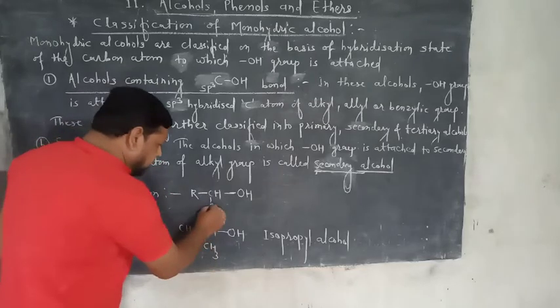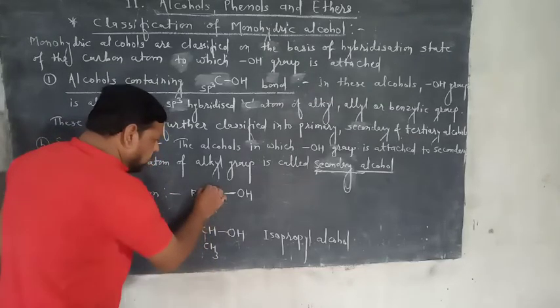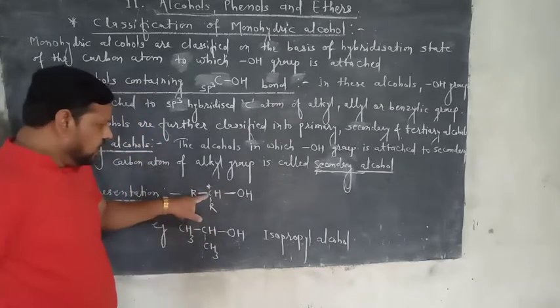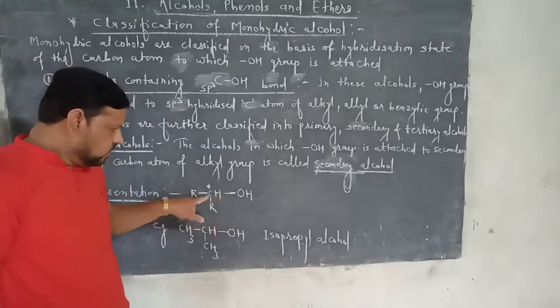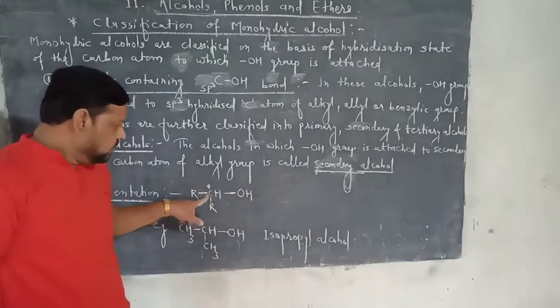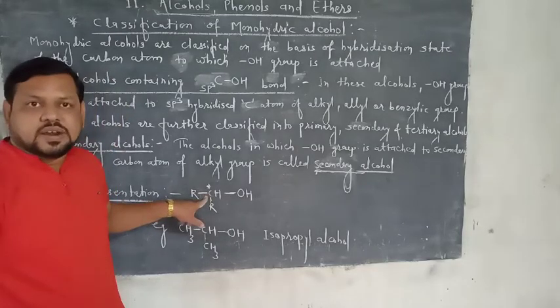In this secondary alcohol, this carbon atom is the secondary carbon atom. The OH group is attached to the secondary carbon atom, and it is called a secondary alcohol.